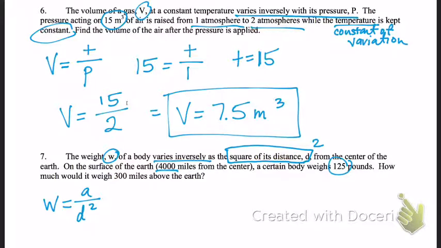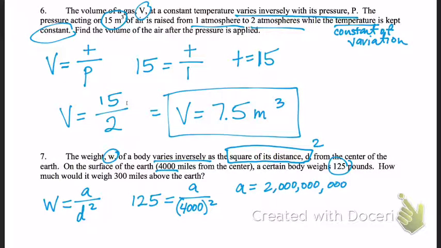So my weight is 125 equals A over 4,000 squared. So you should get, in your calculator, A equals 2 billion. So you have 9 zeros.